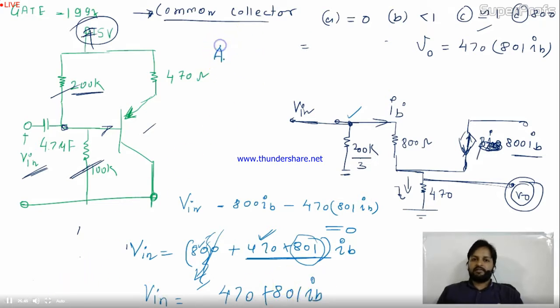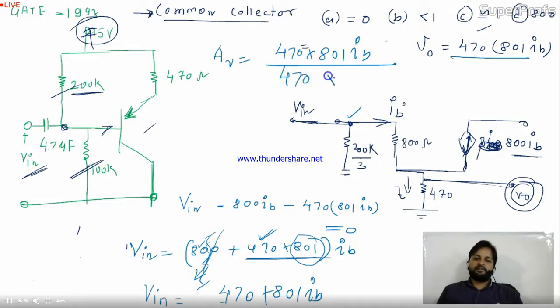Means your gain is V0, 470 into 801 of IB, over V in, 470 into 801 of IB. So they will cancel out. AV is equal to 1. But this is not exactly equal to 1, it is nearly equal to 1. So this is the question based on the common collector. Earlier we identified the answer, that is 1, because this is the voltage buffer.